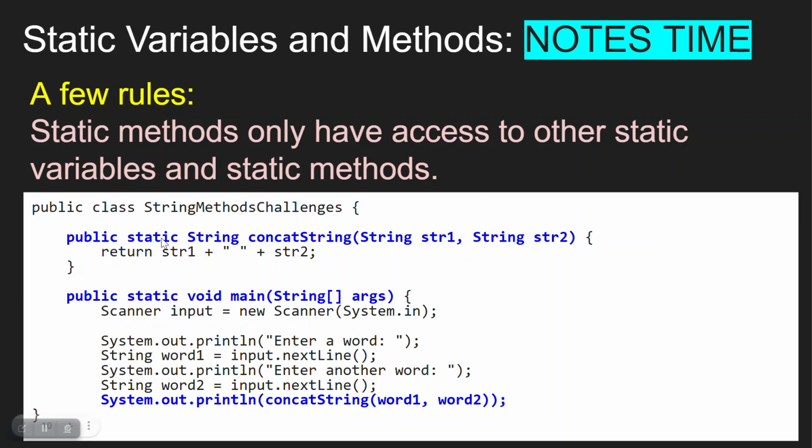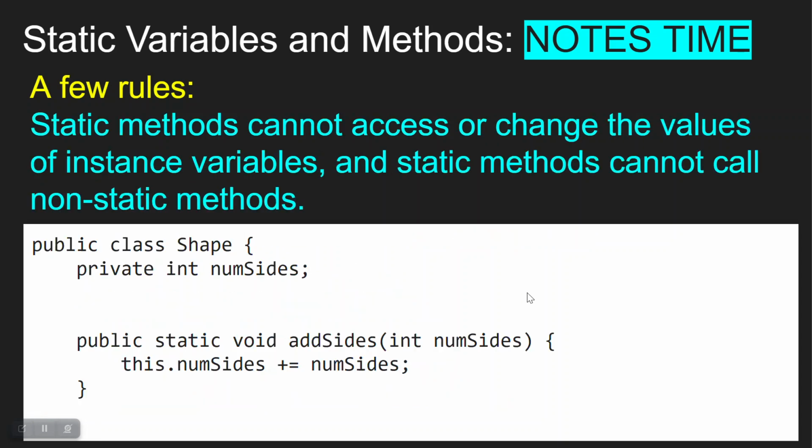So static methods like main can only call other static methods if it's going to be within that same class. So there is that. Static methods cannot access or change the values of instance variables, and static methods cannot call non-static methods. So that's another limitation to them.